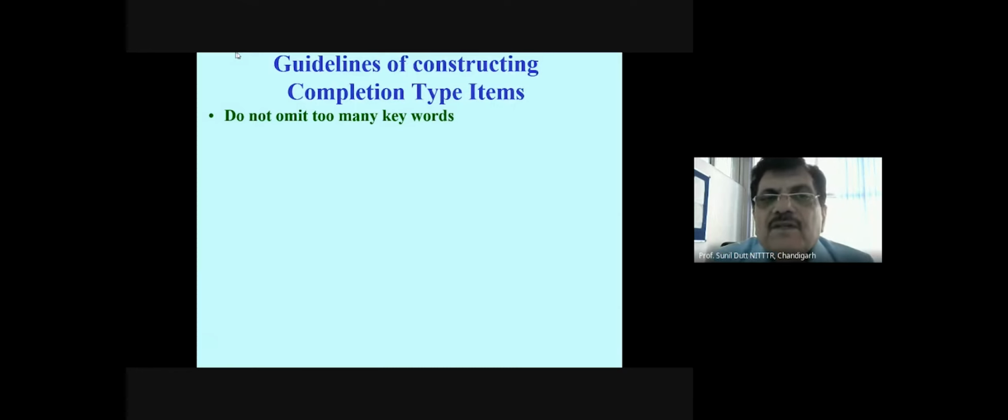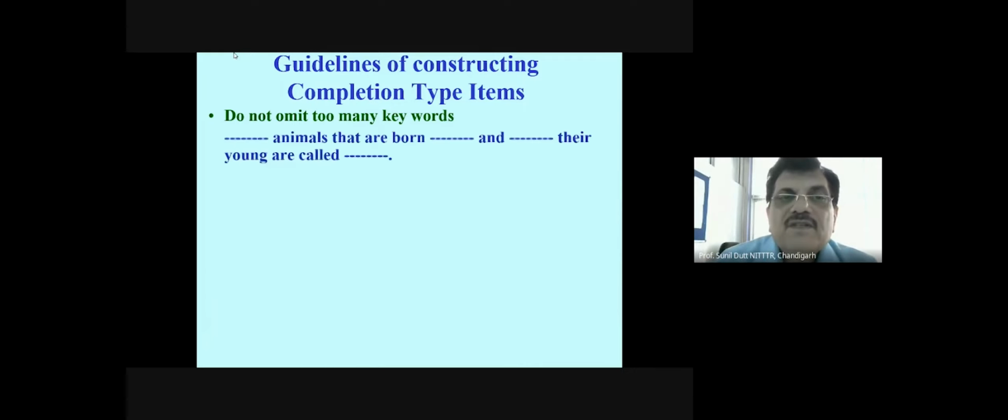Do not omit too many keywords. Now, if you have omitted three or four keywords, or you have inserted three or four blanks, perhaps you won't be able to make sense of the statement. Let me give you this: dash animals that are born dash and dash their young are called dash.